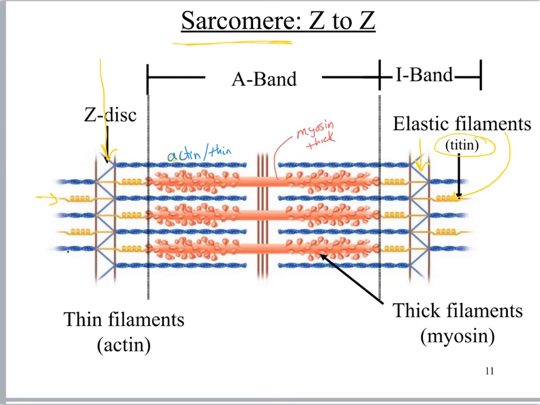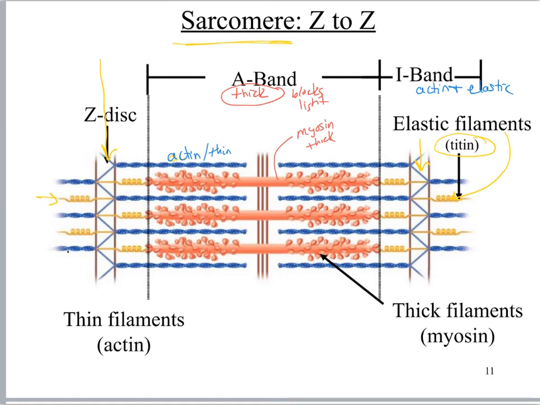Now, where the thick filament exists, it blocks light. So the thick filament is responsible for the way the A band looks. The thin filament is where you just have actin and the elastic proteins.